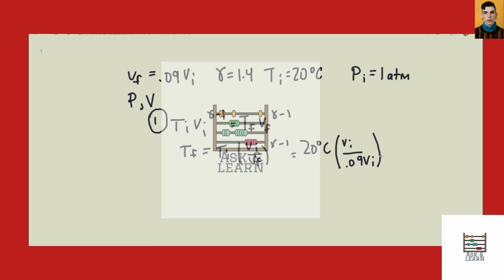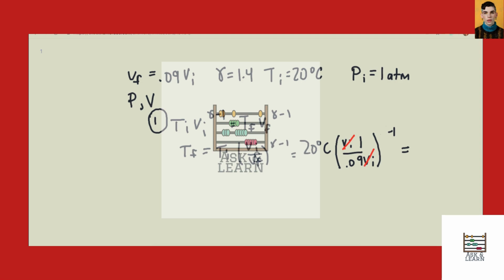And so that goes to the gamma minus 1. The V initials cancel, and so we're just left with 1 over 0.09. Let me write what gamma actually is.